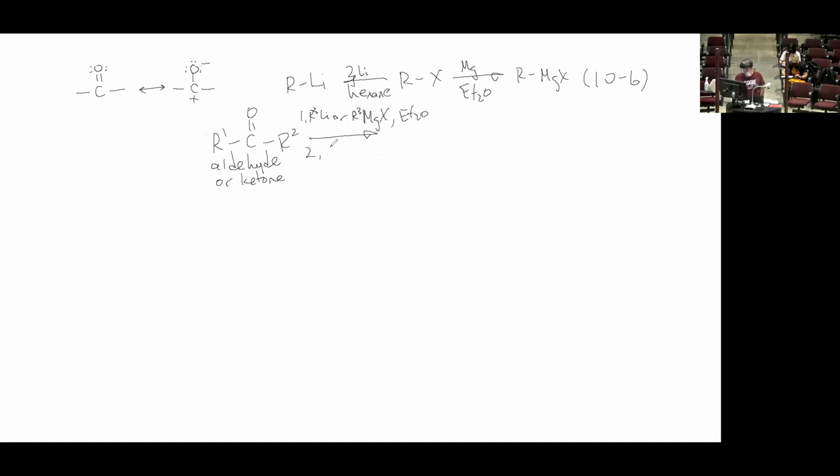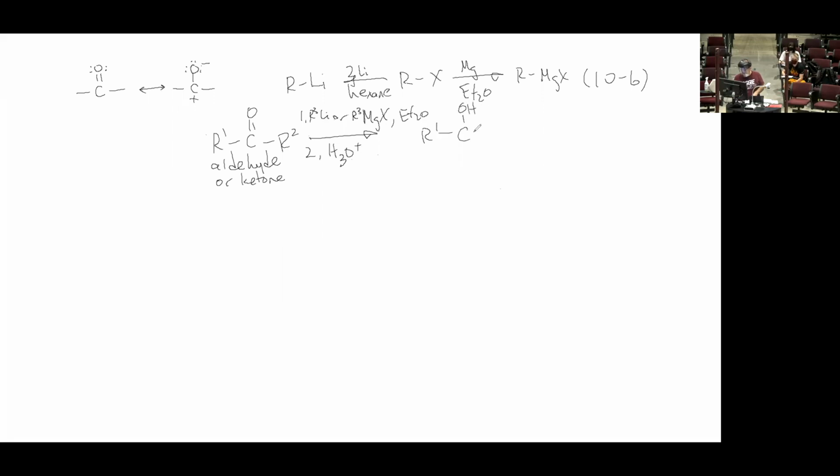and you treated it with either an alkyllithium or a Grignard reagent, let's say R3 lithium or R3 MgX, in some unreactive solvent like diethyl ether.